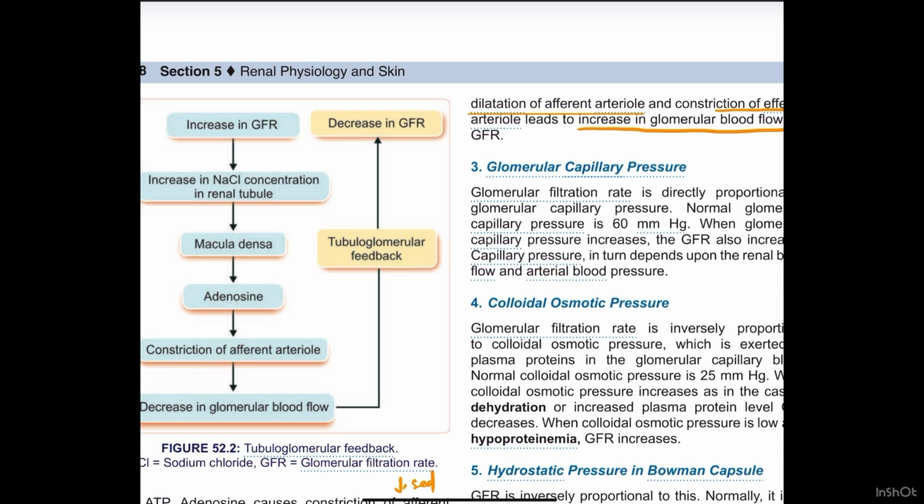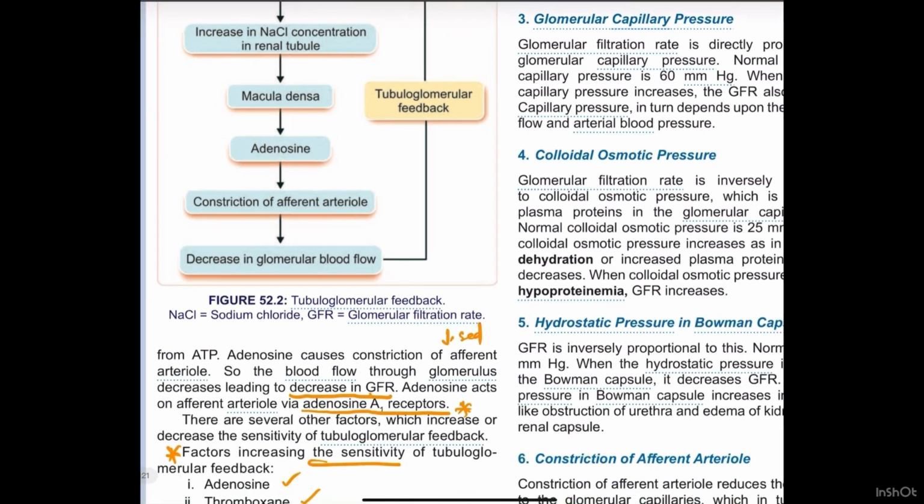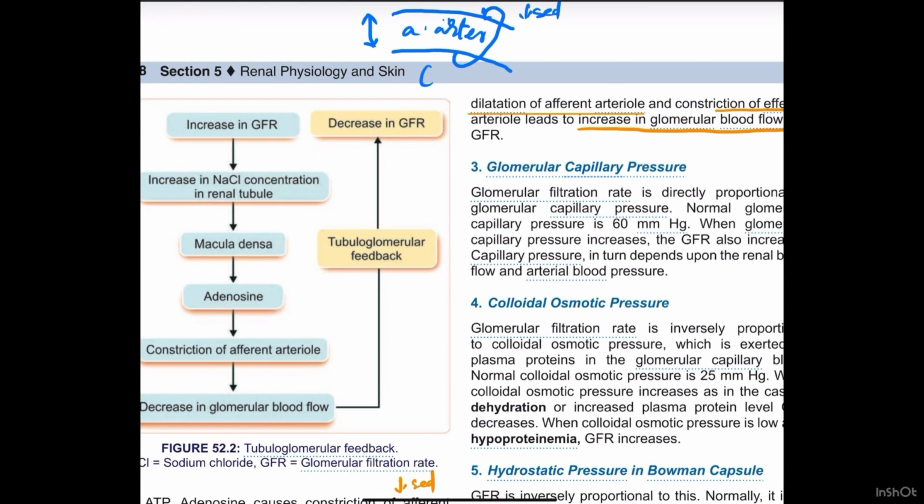What are they mentioning? First, constriction of this afferent arteriole is taking place. Constriction means the diameter is going to decrease. When the diameter decreases, glomerular blood flow is going to decrease, so as a result the GFR is also decreased.